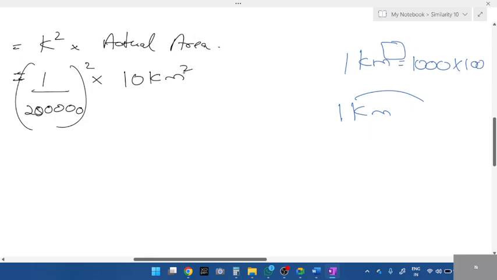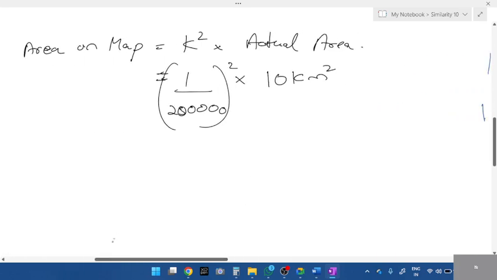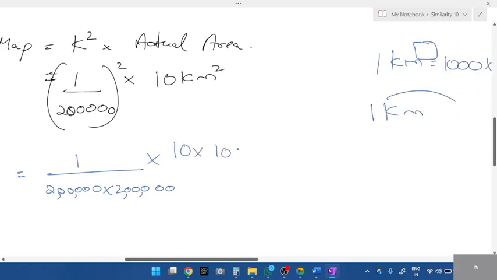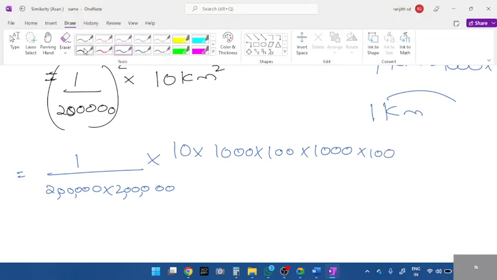Here, what is the degree? 1 or 2? 2. So how many times do you multiply? Twice. Keep 10 as it is, students. Multiply 1000 into 100 twice: 1000 into 100 into 1000 into 100. Calculate this, reduce the values and tell me the area.